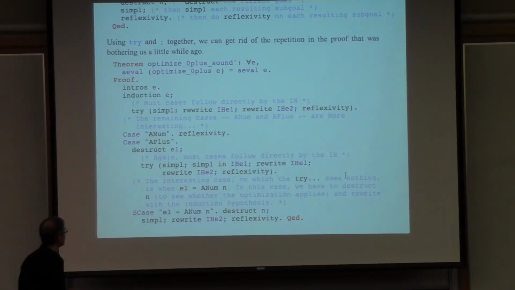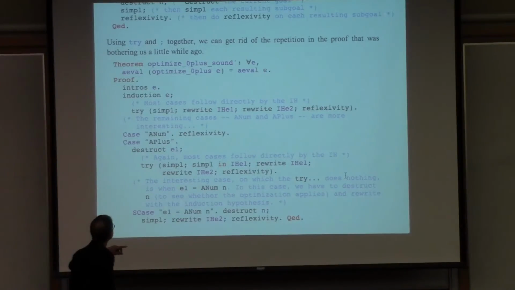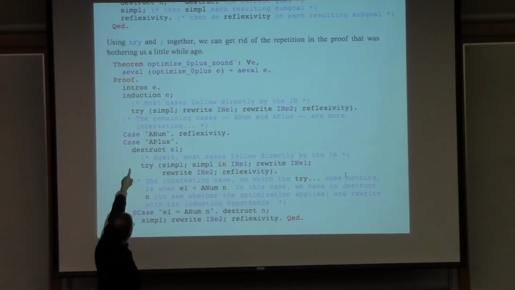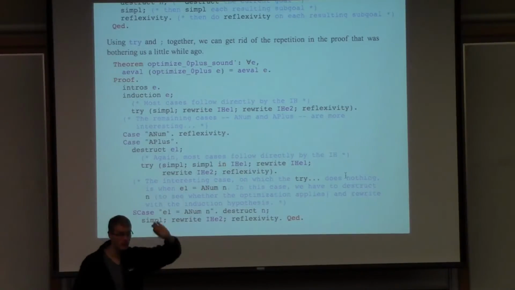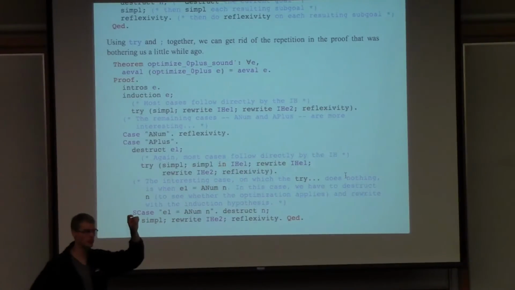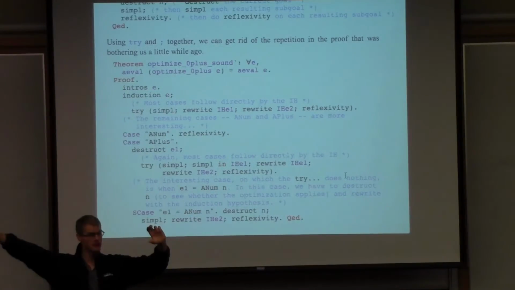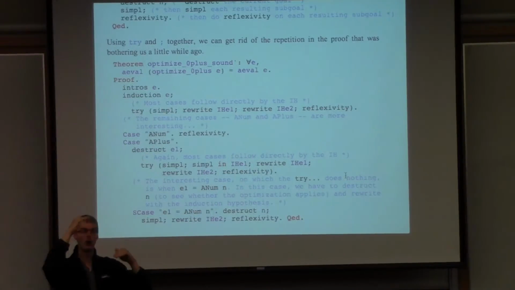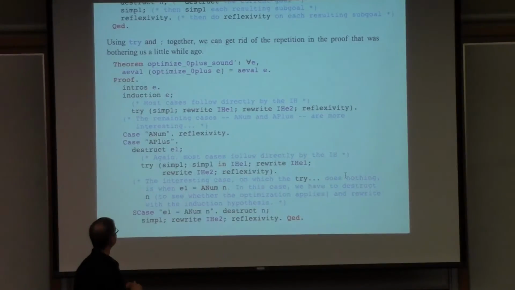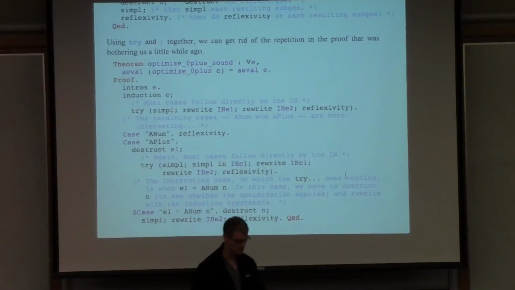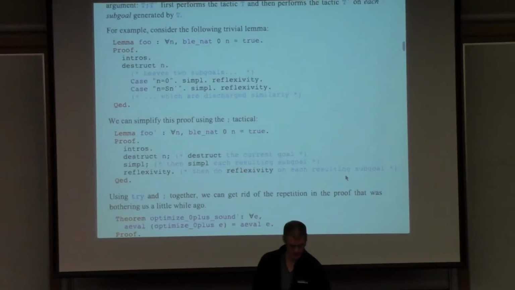Right, so we can do induction E, and then instead of induction E period, we can say induction E semicolon, and then a string of things separated by semicolon to try on each of the induction steps. Sorry, let me go back because I missed telling you something.